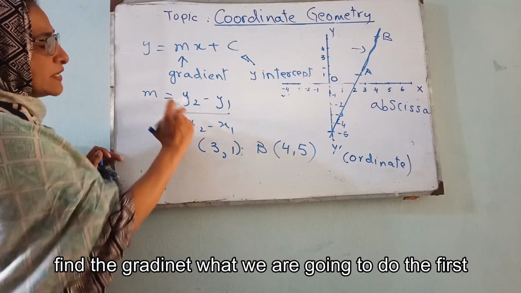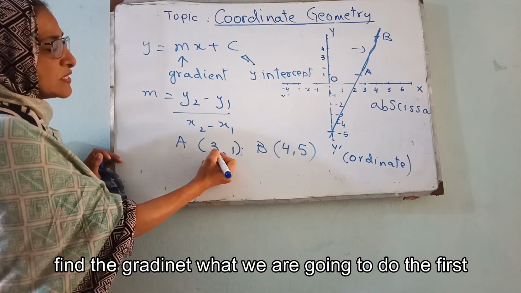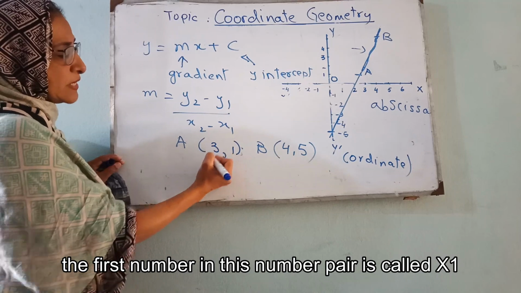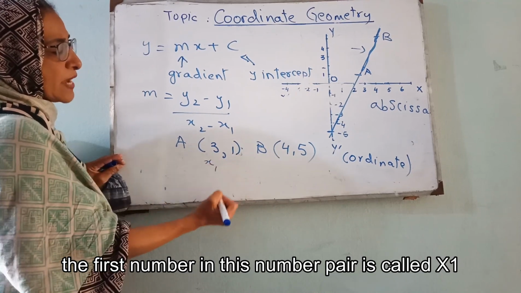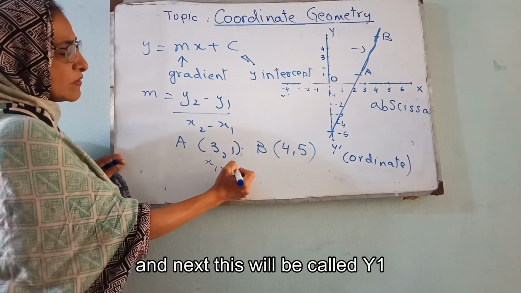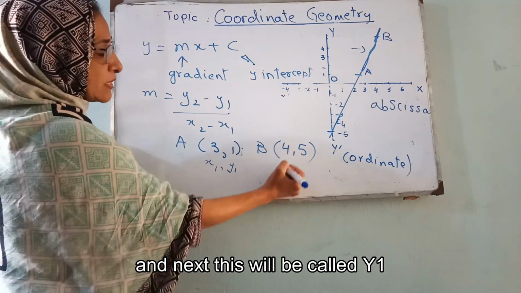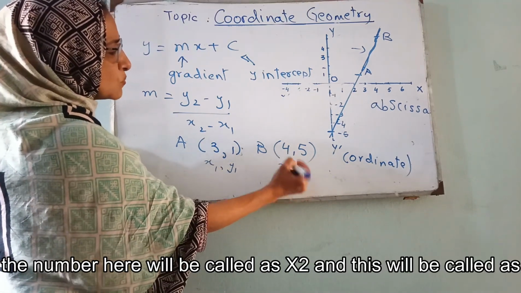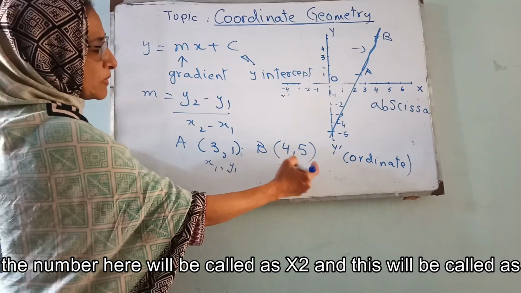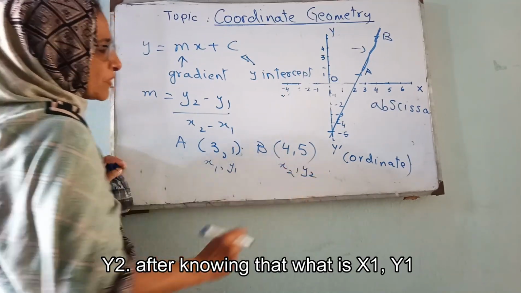To find the gradient, the first number in the number pair will be called x1, and next this will be called y1. The number here will be called x2, and this will be called y2.